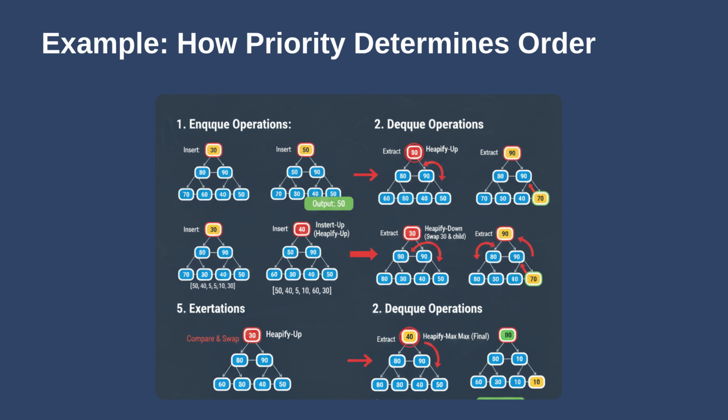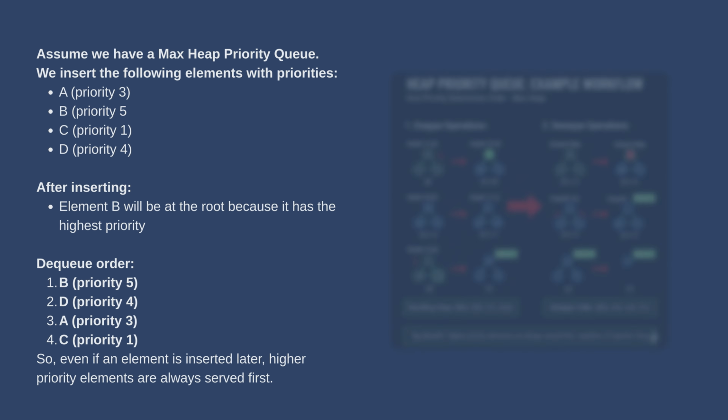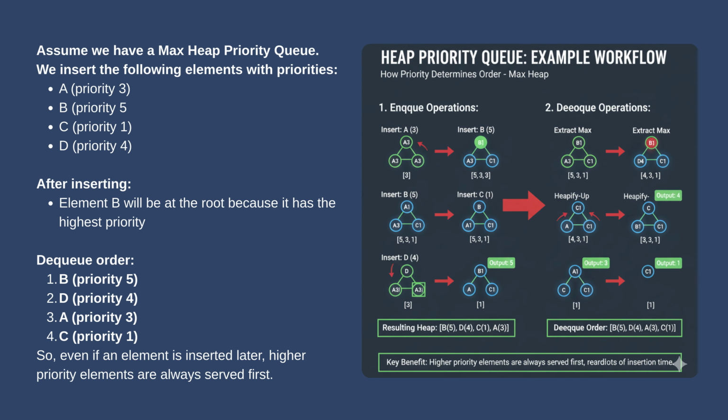Example: how priority determines order. Let us understand this with a simple example. Assume we have a max heap priority queue. We insert the following elements with priorities A, B, C, D. After inserting, element B will be at the root because it has the highest priority.